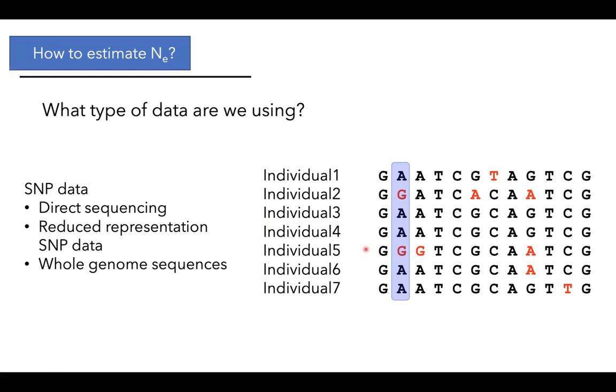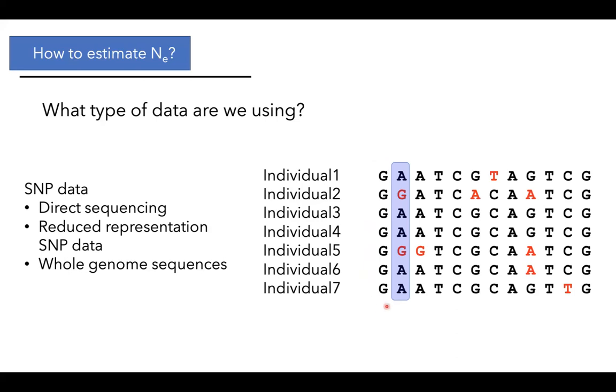So this made-up data set that I'm showing here is something that you might see resulting from direct sequencing, right? So we have sequences from 7 individuals or 7 chromosomes from a population. And you can see that these aligned data match up pretty well. This is generally the kind of level of variation we might see in a population.